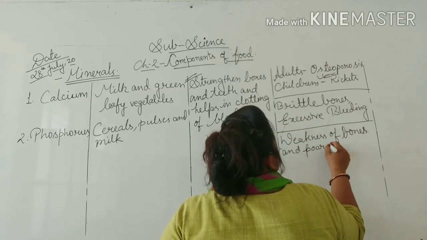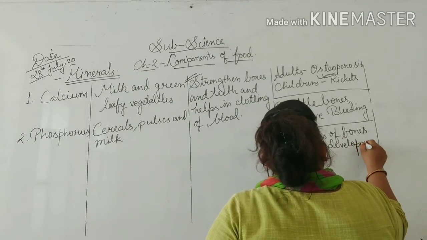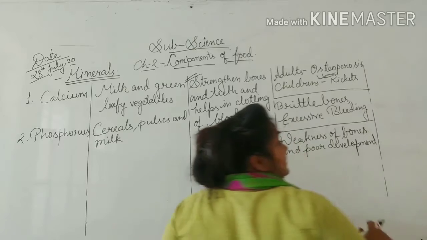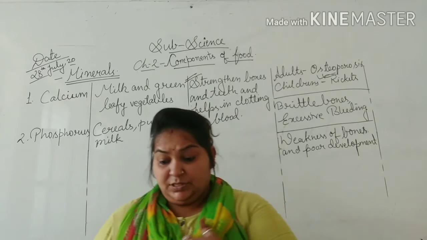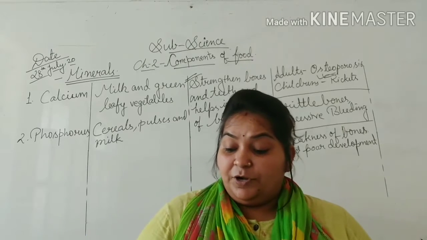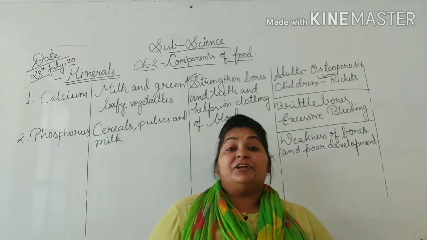Poor development means different types of development which gather as we attain age. In that, there is a decrease in the body, like development of bones, mental and nervous system, then mental retardation.